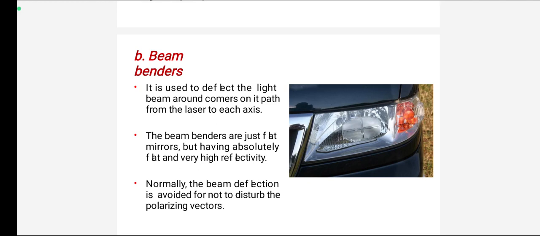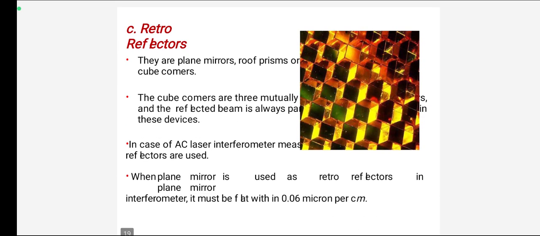The beam benders are just flat mirrors, but absolutely flat and with very high reflectivity. And the retro reflectors are plane mirrors, roof prisms, or cube corners. The cube corners have three mutually perpendicular faces, and the reflected beam is always parallel to the incident beam.